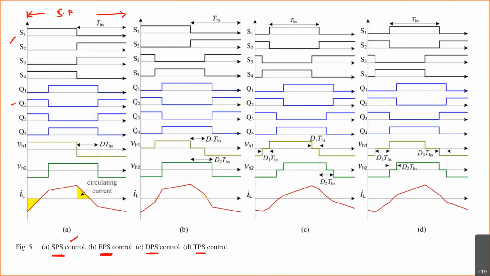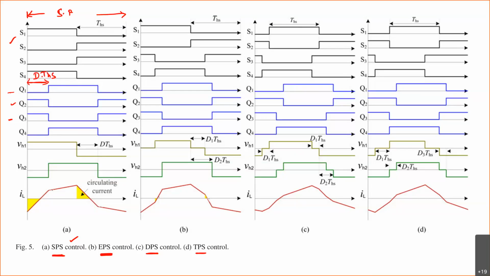So we are talking about the single phase shift. Similarly, on the second bridge side we have Q1, Q2 and Q3, Q4. Q1 and Q3 are operated together, complementary with Q2 and Q4. But there is a phase shift between these two converters.